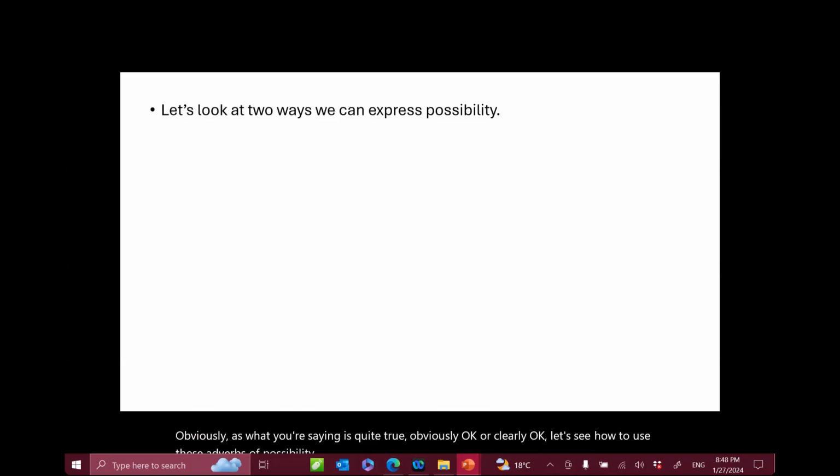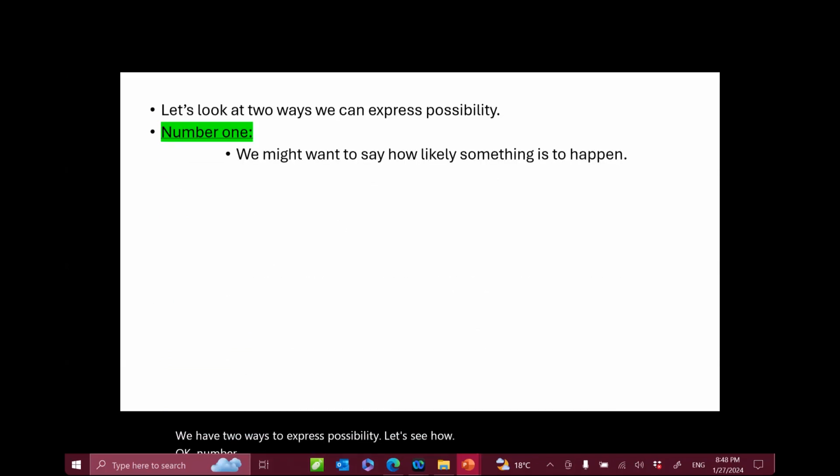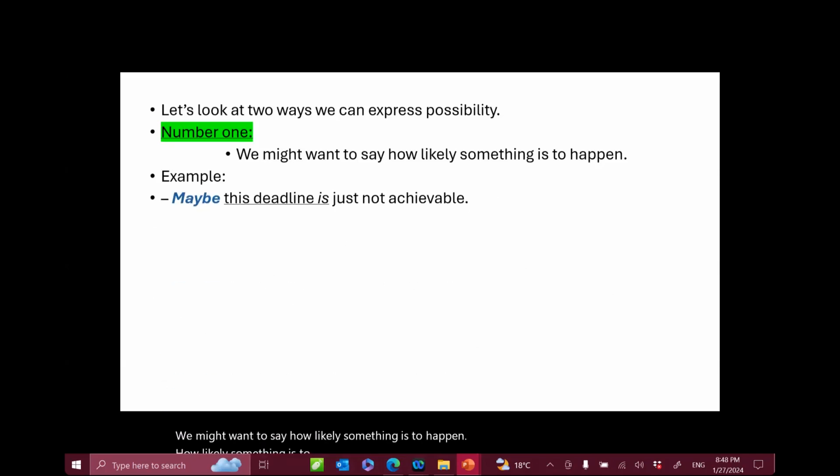We have two ways to express possibility. Let's see how. Okay, number one, we might want to say how likely something is to happen. Let's see how to do that. We can start with the adverb maybe.